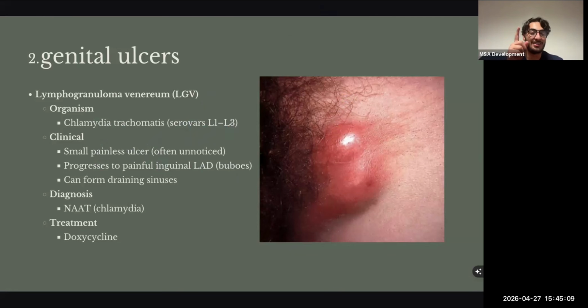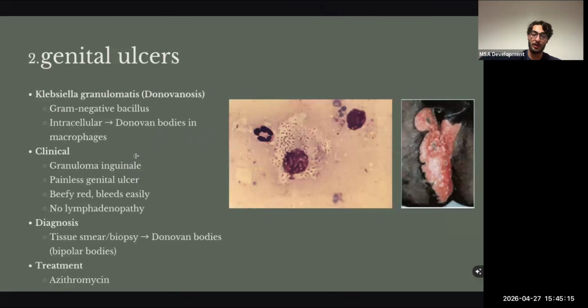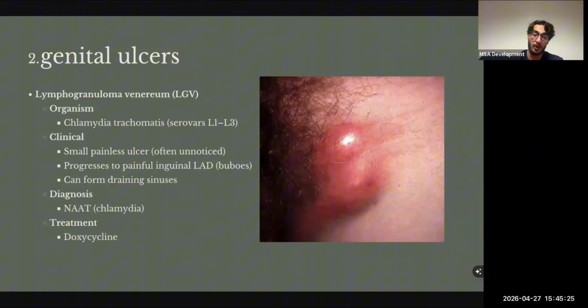All right. So do you see the difference here? The first one we talked about, ducreyi: painful ulcer, painful lymphadenopathy. The second one: painless ulcer and no lymphadenopathy, but it bleeds on contact. That's donovanosis, or Klebsiella granulomatis. Now this one, lymphogranuloma venereum, or LGV for short: painless ulcer but painful lymphadenopathies, buboes, and it can form draining sinuses.